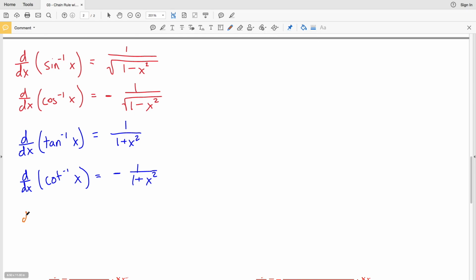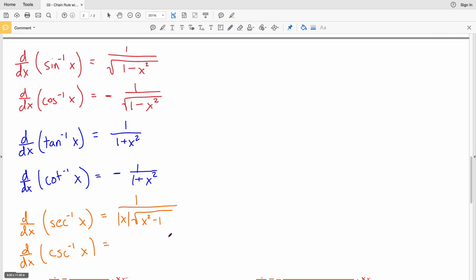Now lastly, we'll have the derivative of the inverse secant of x and the derivative of the inverse cosecant of x. The derivative of the inverse secant of x is going to be 1 over the absolute value of x times the square root of x squared minus 1.